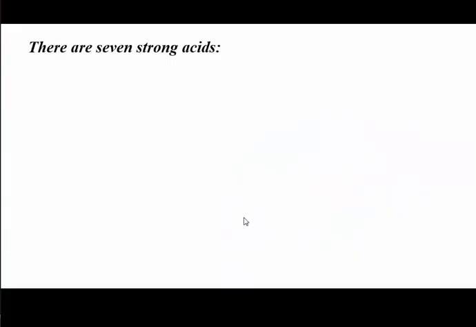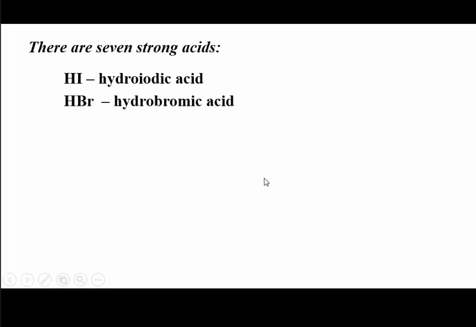Let's talk about strong acids and weak acids briefly, okay? So far we've identified three strong acids: hydrochloric, hydrobromic, and hydroiodic. But there are 7 strong acids, and you need to know all 7 of these, okay? Hydroiodic we talked about, hydrobromic we talked about, hydrochloric we already talked about, okay? So you should pretty much be familiar with those 3.